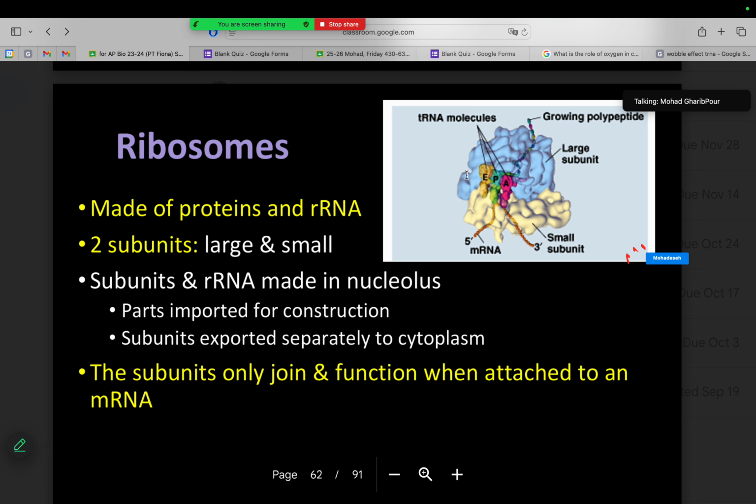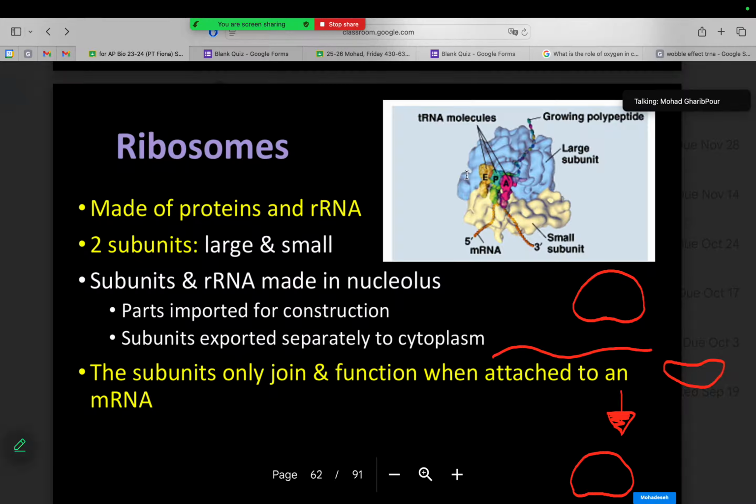You have your large subunit. It looks like this. It'll float around. You have your small subunit like that floating around. And then once an mRNA strand comes, you're going to see this sandwiching happening.